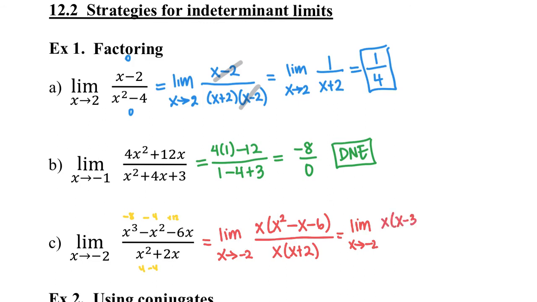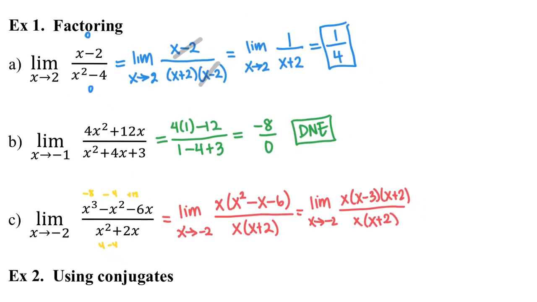I think it's easier to plug into factored form than the original. Okay, so can I cancel something out? Yes, I can cancel the x plus 2's. I could also cancel the x's. They're not really causing me any trouble, but to make it easier on myself, I can. Okay, I'm going to bring it down here.